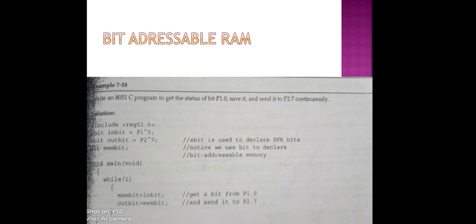Then opening curly bracket, the while condition is applied, then the main programming starts. membit is equal to inbit, that is, get the membit value sent to inbit from P1.0, and outbit is equal to membit, and send the value to P2.7. That's why the input bit P1.0 sends its value to membit, then outbit is equal to membit. This sends the value to P2.7 in this bit addressable RAM program.